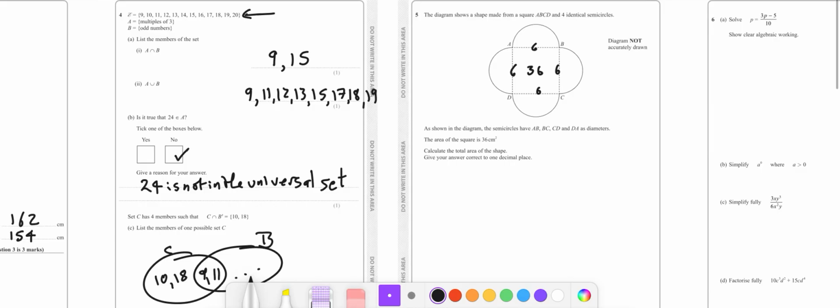And we want the total area, so the radius is going to be 3, and we've got two circles. So we've got pi times r squared, that's one circle, times by 2, plus the square in the middle, which is 36.